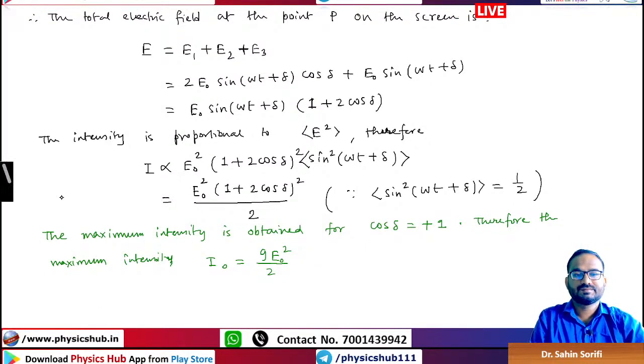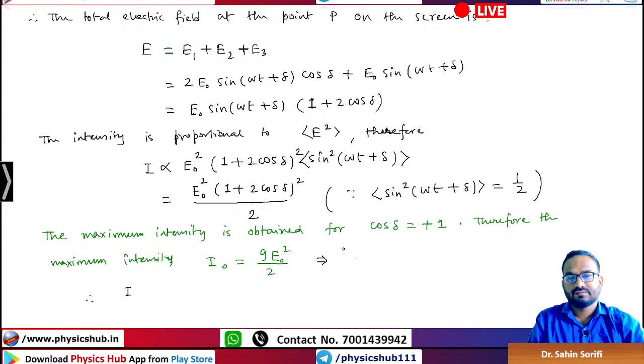Using this, we can say that E naught square by 2 is equal to I naught by 9.